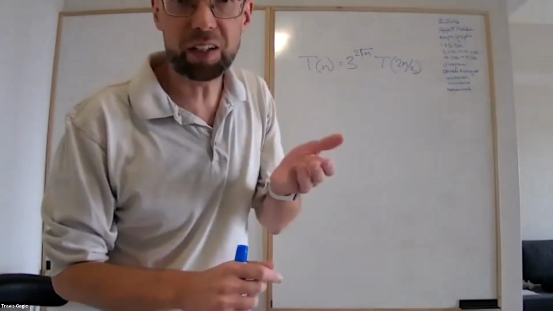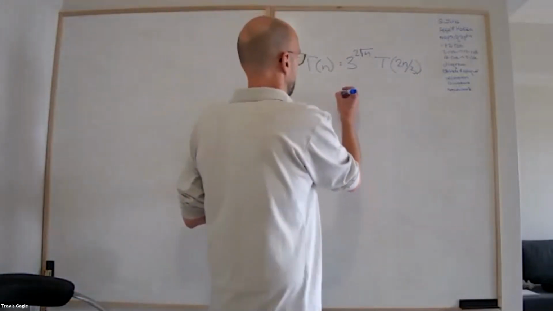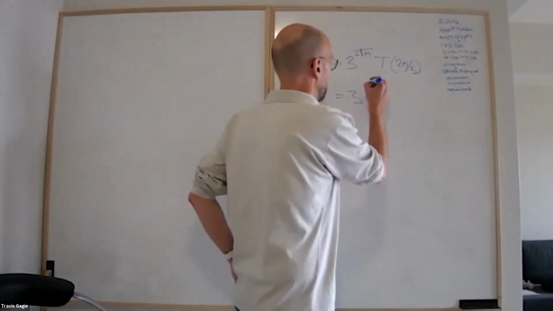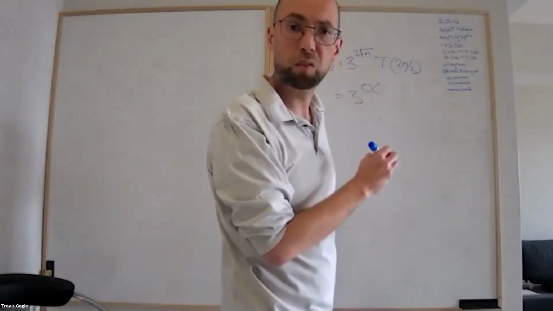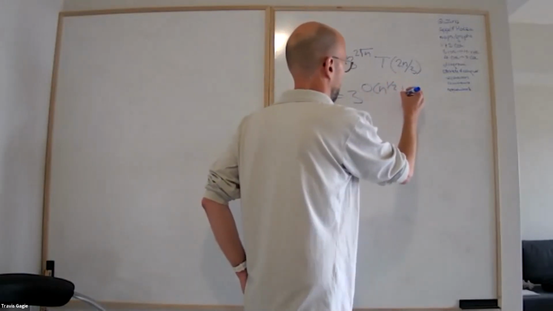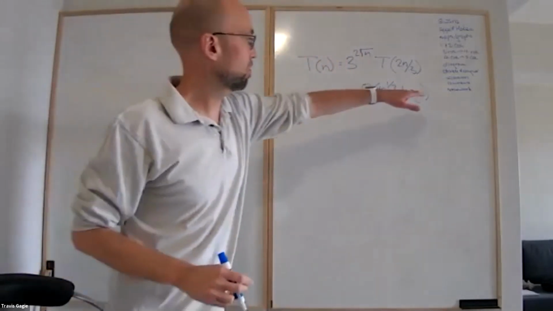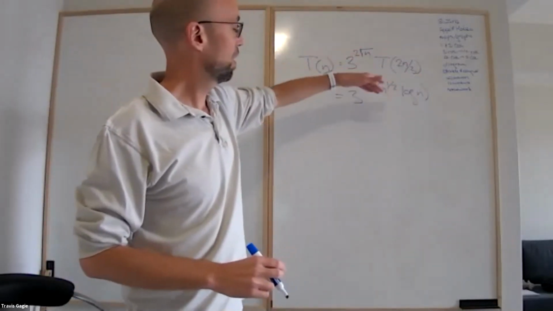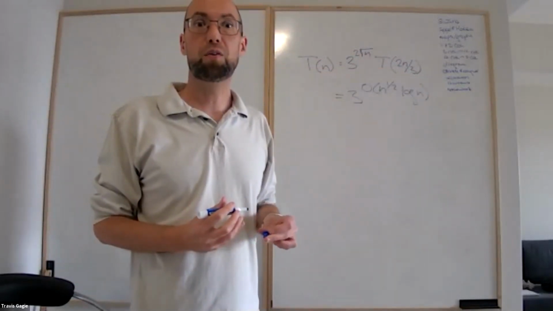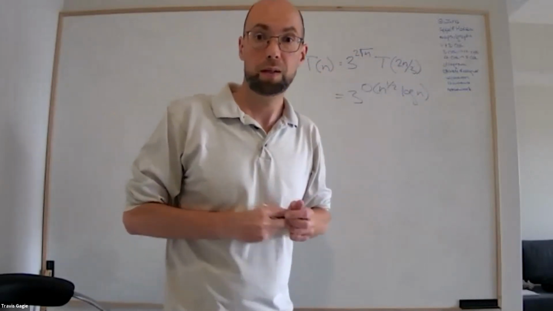You do some calculations, expand this out, and you get 3 to the O of n^(1/2) log n. So this is some constant times the square root of n times log n. That's not polynomial. 3 to the n^(1/2) is not polynomial.